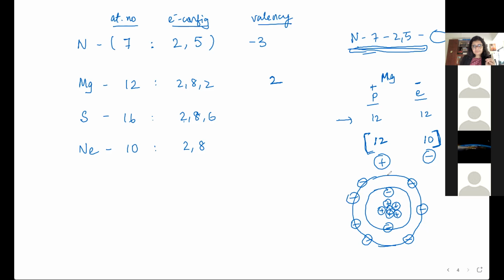Ma'am, so then the charge will be +2. The valency will be +2. Yes. Because if you take the difference, you have 2 extra protons. Correct. 2 extra protons, so the overall charge is +2. So that is why we write the valency as +2.